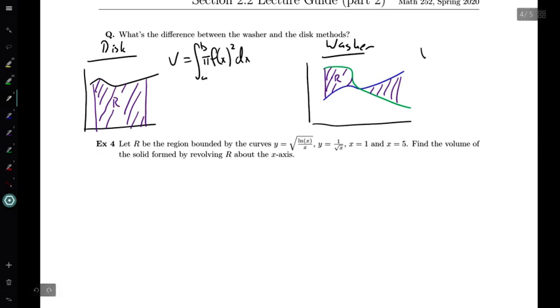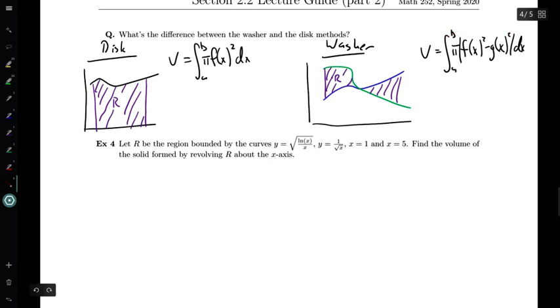And in the washer method, we ended up with a formula that looked something like integral from a to b of pi times f of x squared, and we wanted to make sure that we had the larger minus the smaller here, dx.